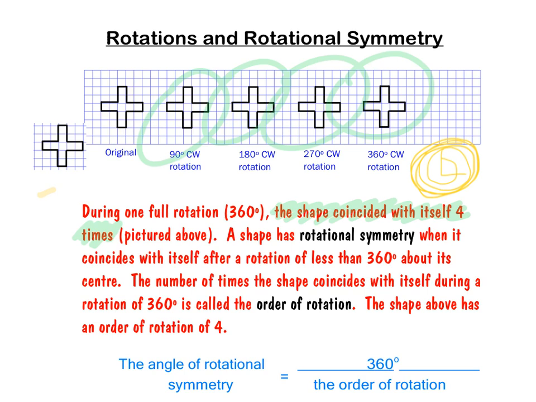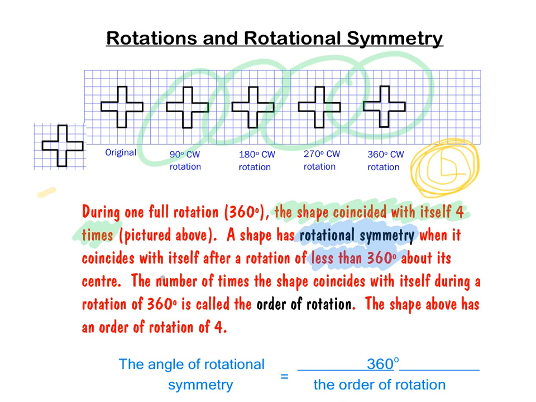Now, a shape has rotational symmetry when it coincides with itself after a rotation of less than 360 degrees. Every object, no matter what the object is, will have rotational symmetry at 360 degrees, but if it has rotational symmetry at any angle less than 360 degrees, then the shape has rotational symmetry.